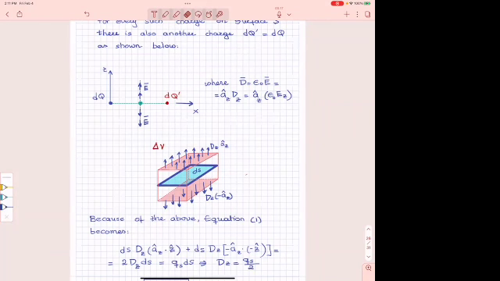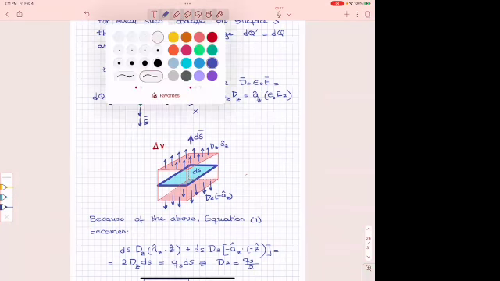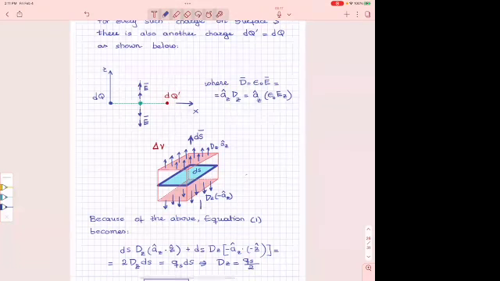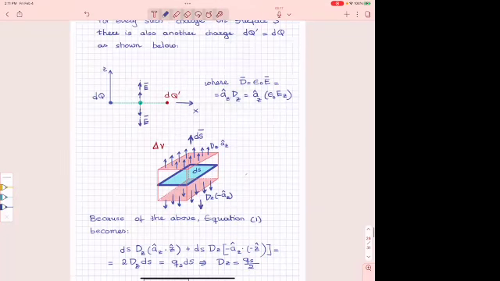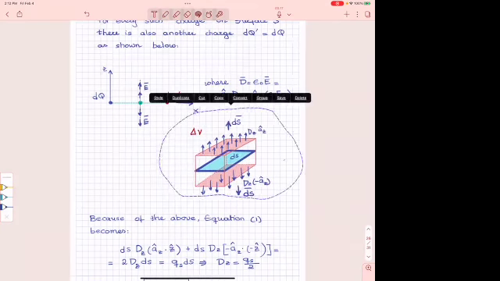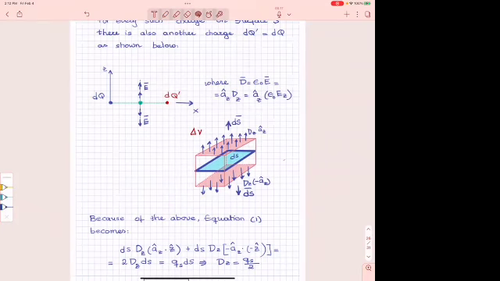This is the direction of the surface for the surface ds here, and for the surface ds here. The fields on these two surfaces, therefore, are parallel to the direction of the surfaces.